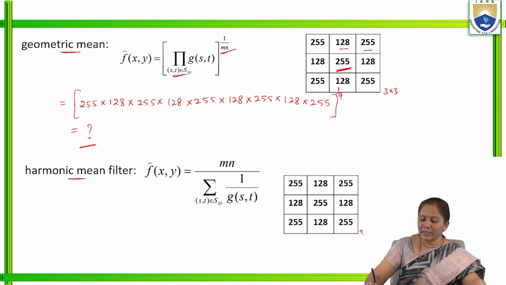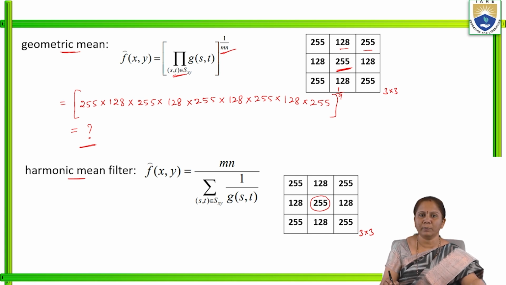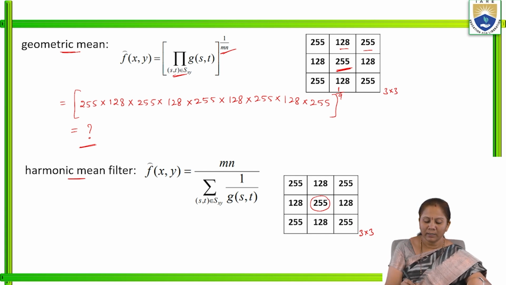And the next one is the harmonic mean filter. Same here, a 3 by 3 image is considered, that is, under the mask the edge pixels are preserved. Here 255 is the center pixel we need to calculate. If we apply this harmonic mean filter, the formula is f cap of x comma y is equal to mn by the summation over s comma t of 1 by g of s comma t.